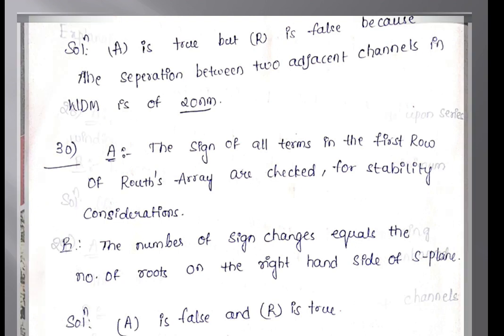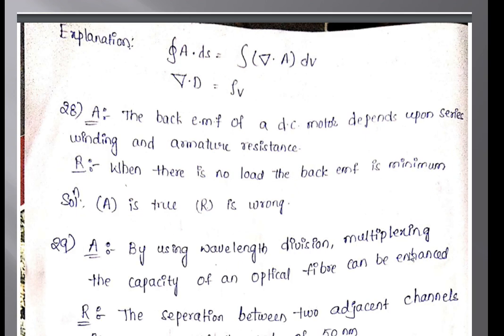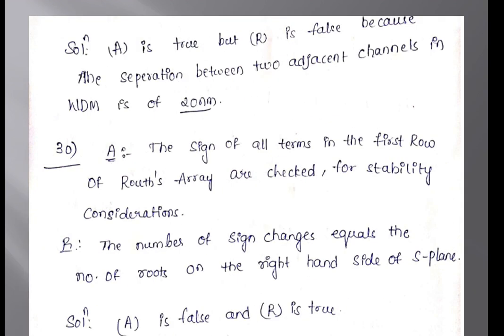The assertion is correct, but the separation between adjacent channels is not 50 nanometers, it will be 20 nanometers only. So the reason is false and the assertion is correct. So here A is true and R is false.